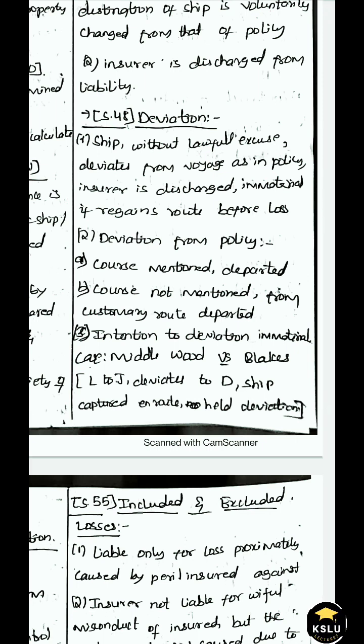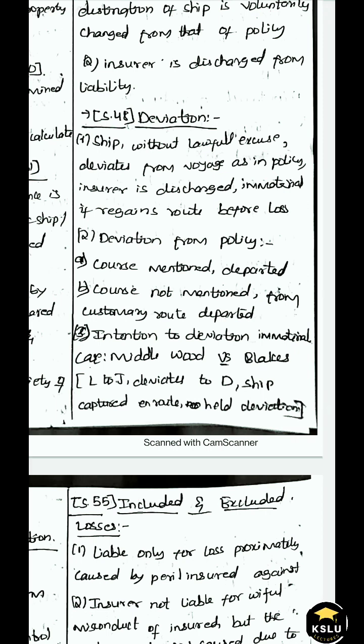Next, the course is not mentioned in the policy. So the insurance policy does not specify any route, but there is a customary practice that the ship has to follow a certain route to go from A to B, and from that customary route the ship deviates. Then the insurer is discharged from his liability.